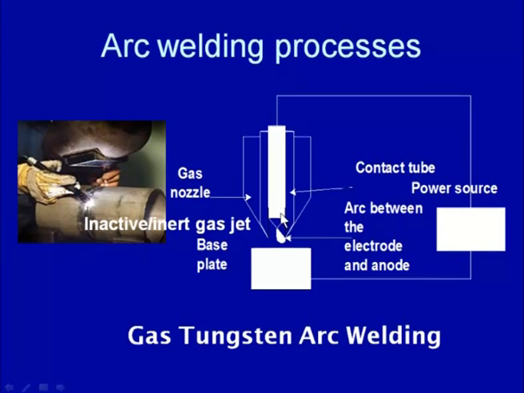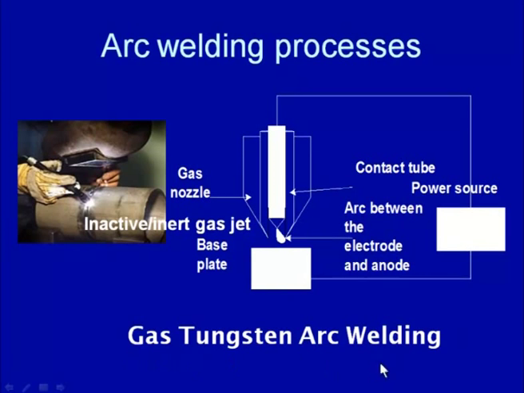This arc is of very short length, and it is completely shielded by a jet of inert gases like helium or argon, which forms a very sound cover around the weld pool. The formation of this inert gas cover provides very effective shielding in gas tungsten arc welding.